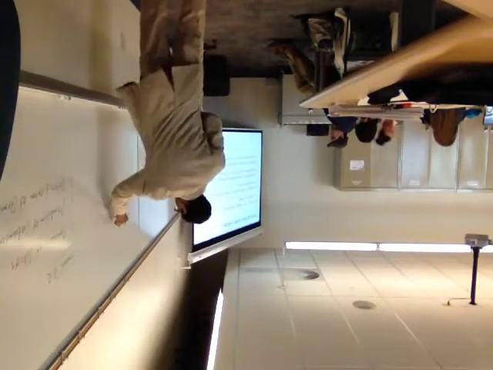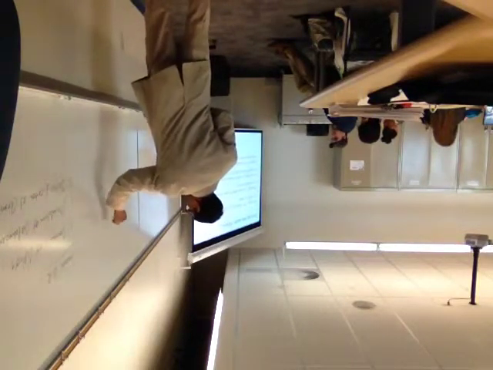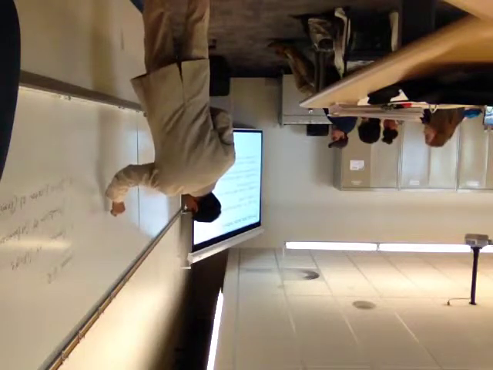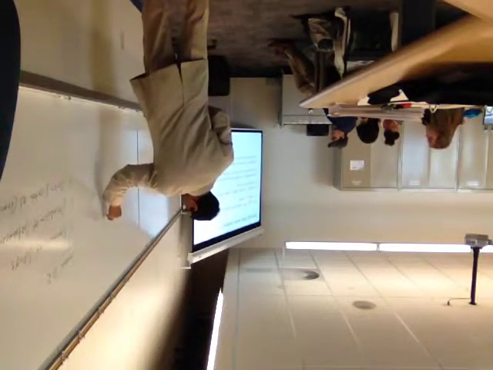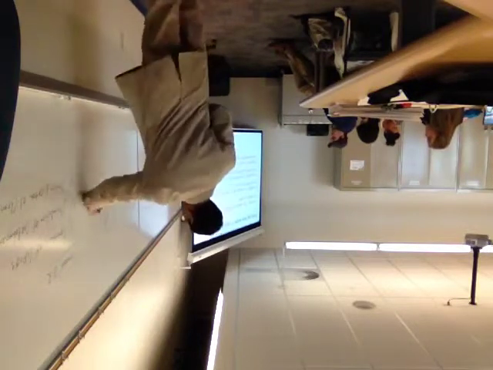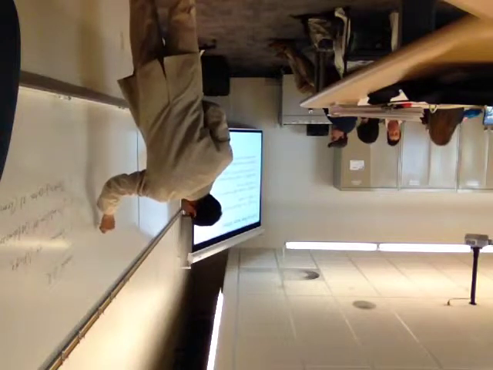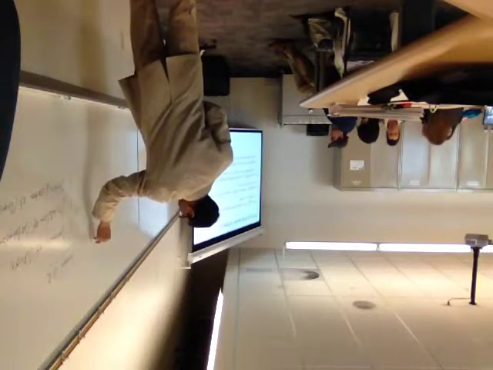Now, if this is a cell and inside the cell, the concentration of fluid is 5 milliosmol. Milliosmol is the unit of concentration. So 5, and outside fluid has 10 milliosmol.